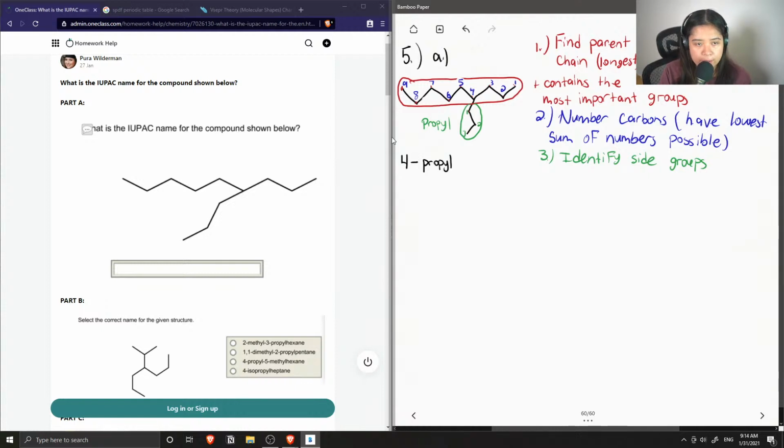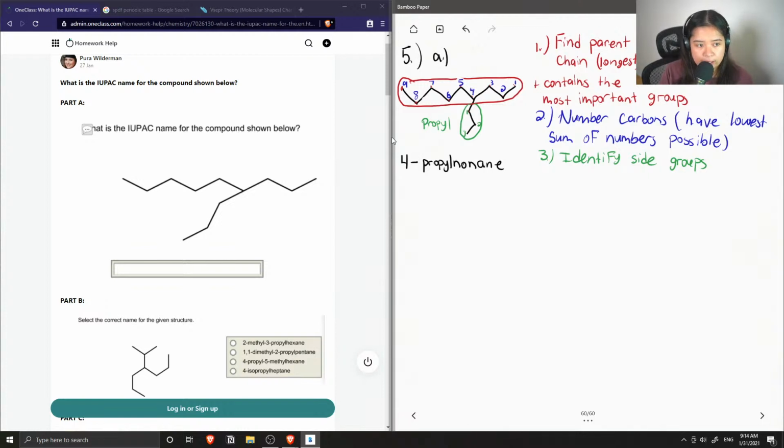And since our parent chain is 9 carbons long, we use the prefix nona, or non. And the fact that there are only single bonds in this chain means the parent would just end in ane.